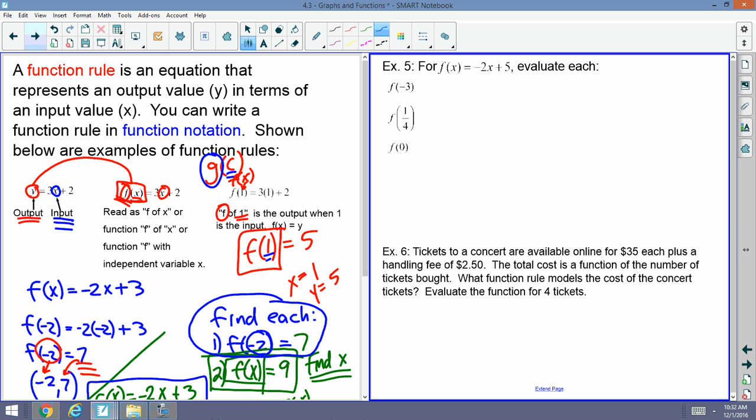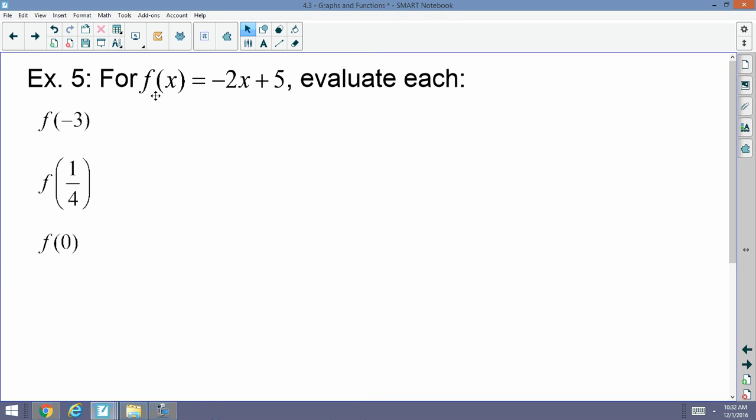All right, let's do this. So now it's just Mickey Mouse time. I have the function f of x equals negative 2x plus 5. I want to find f of negative 3. What am I replacing in this function? X with what? So what am I going to replace in every x in this function?